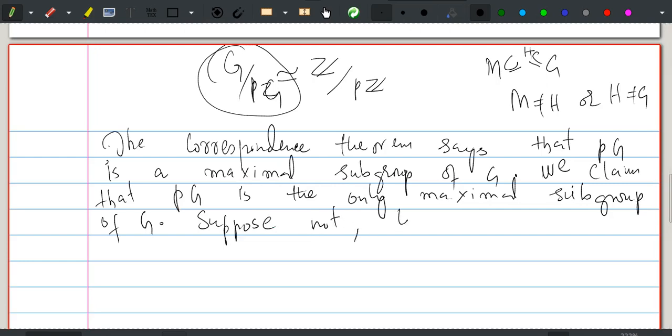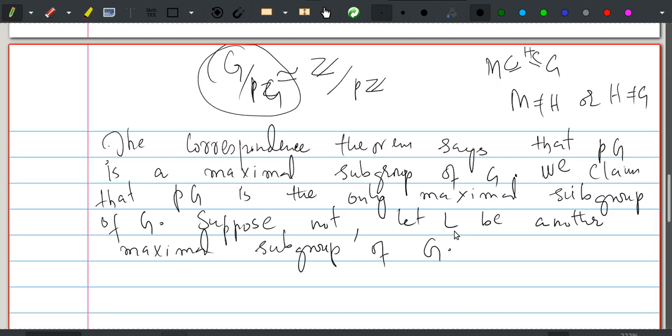Suppose not, let L be another maximal subgroup of G. So if L is maximal, then G/L will be a field.